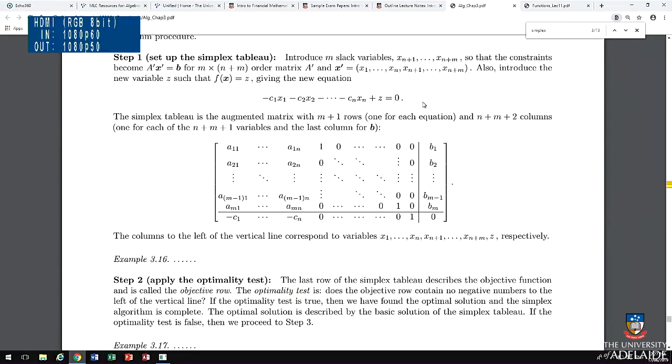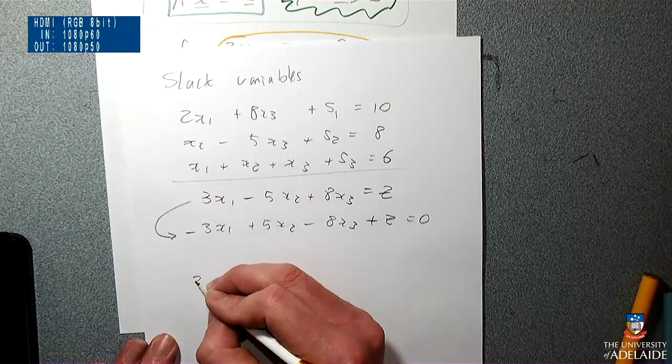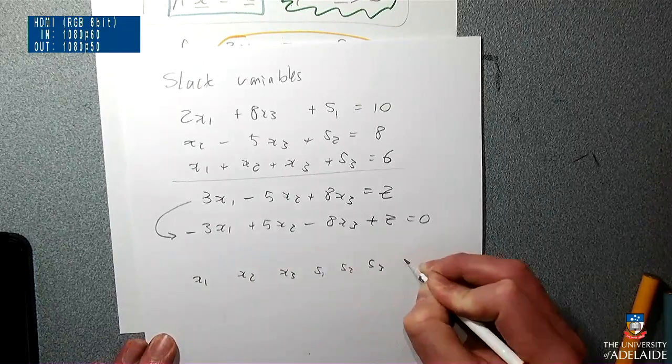Okay. And then you write all this in this great big tableau. Sure. All right, I can play this game. So you have x1 and x2 and x3 and s1 and s2 and s3 and z.